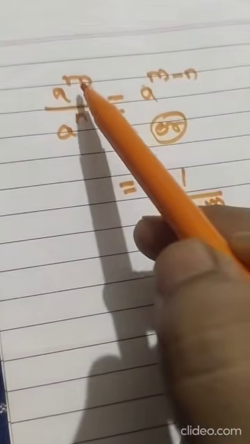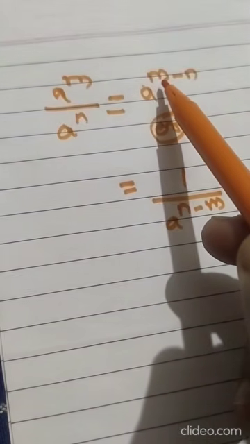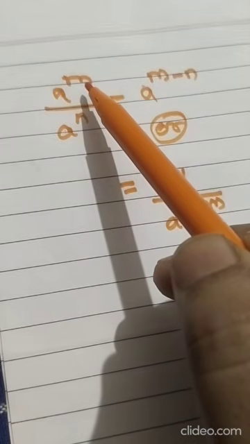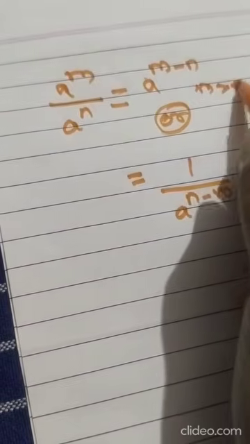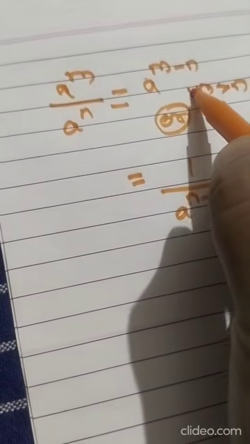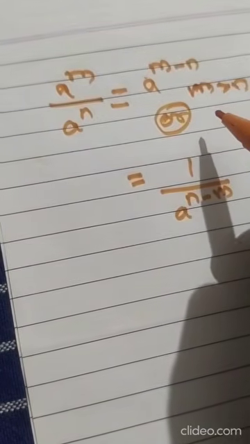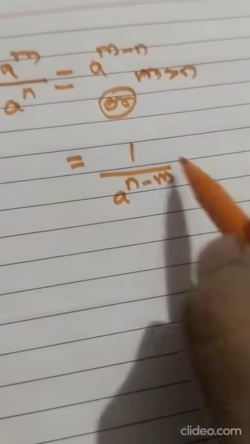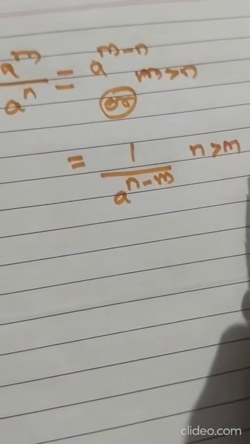Here the subtraction of power takes place where the greater power is. So if m is greater than n, then the subtraction of powers takes place in the numerator. And if n is greater than m, then subtraction of power takes place in the denominator.